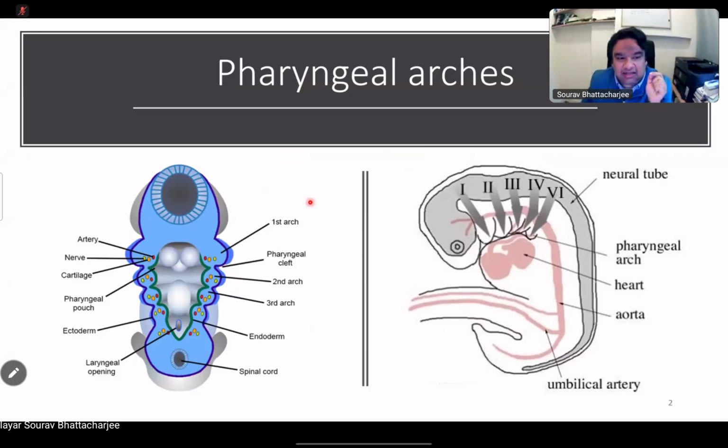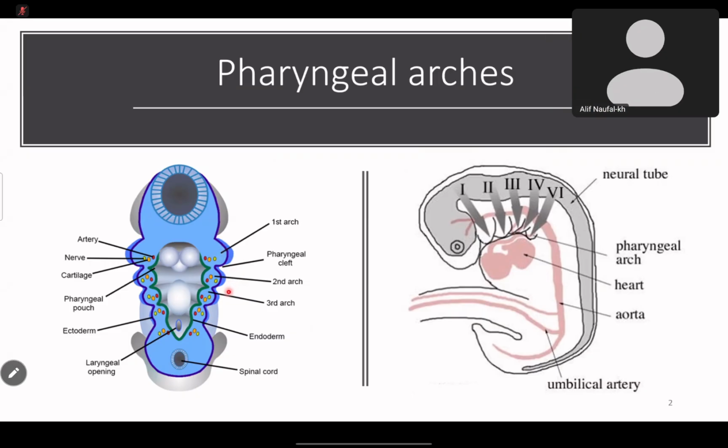You might ask, if it is about head and neck, how does all this relate to the cardiovascular system? The interesting bit is, if you look into the vertebrate pharyngeal arches or the pharyngeal apparatus, there are usually 6 pharyngeal arches. 1, 2, 3, 4, 5.